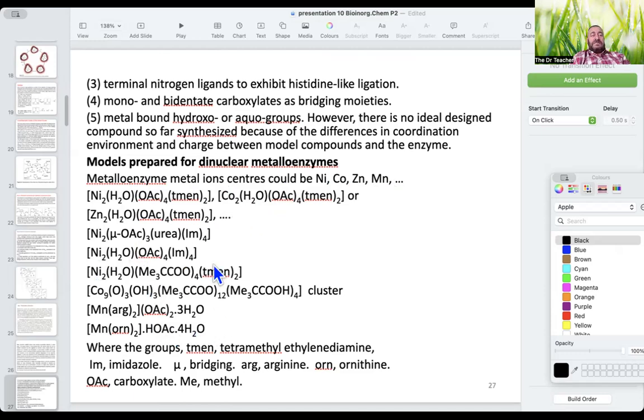And then even clusters have been prepared, cobalt 9. I prepared the manganese arginase model, ornithine model, groups of TMEN, tetramethylethylene diamine, being used. Imidazole, IM, bridging, mu, arginine, ornithine, carboxylate, methyl, ethyl, and so on.